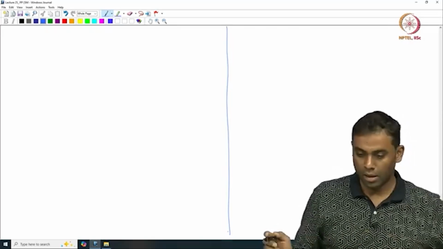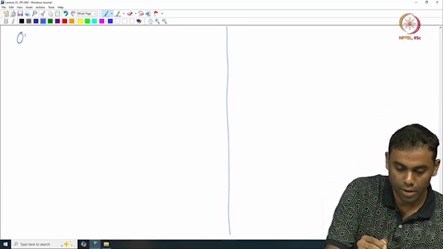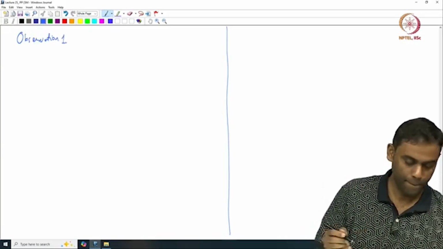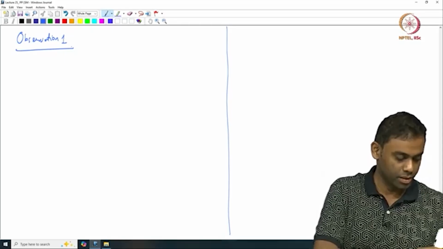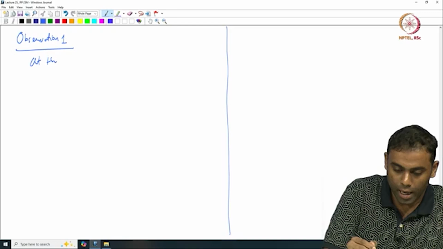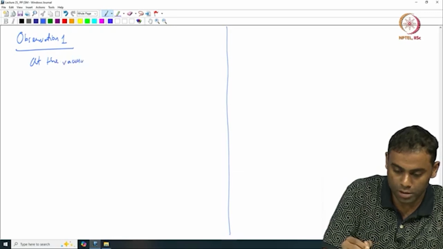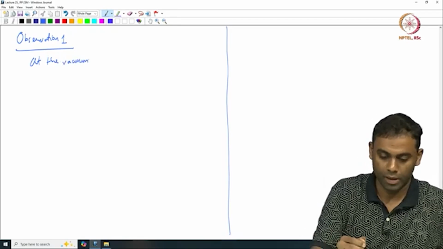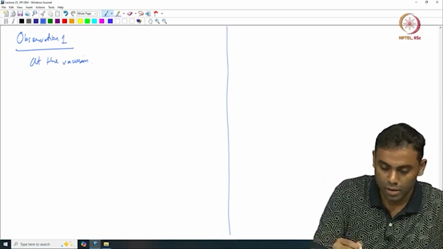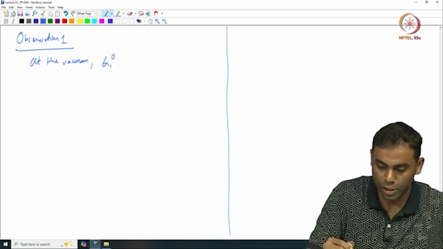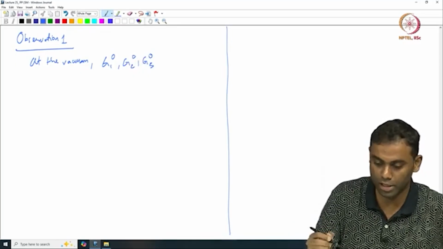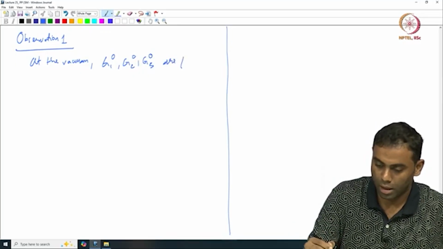here are a couple of observations, okay. Observation 1, see, at the vacuum, that is once the potential has relaxed to its minimum, okay, I am going to show that G1, G2 and G3 0, the 0 stands for electric charge, are massless.